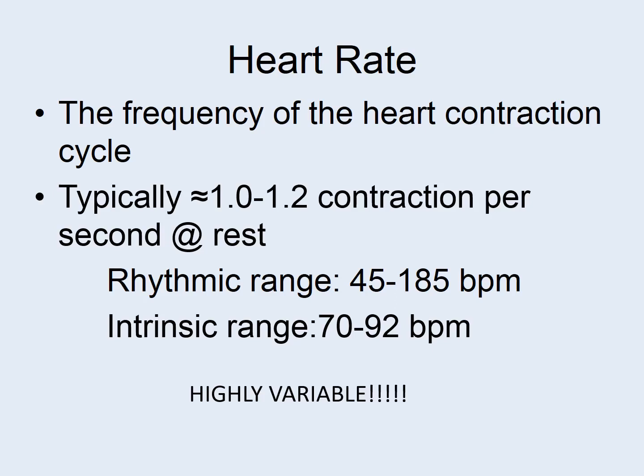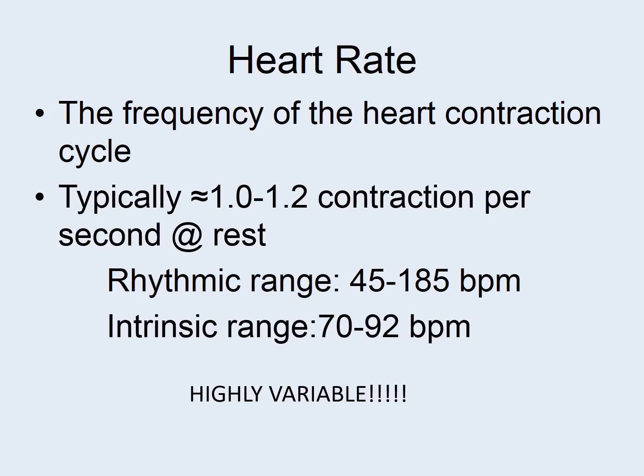Because of the high variability in heart rate, people can have normal heart rates that most books may classify as being either bradycardic, too low, or tachycardic, too high. There are a couple of clinical research papers out looking at endurance athletes who've had rhythmic ranges in the 30s with no abnormal effect to them, and non-endurance athletes who have been able to maintain sustained heart rates into the 220s with no abnormal effects occurring.